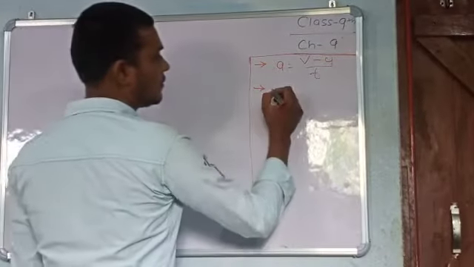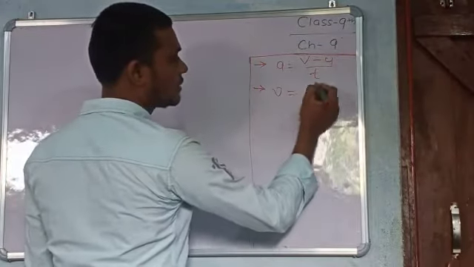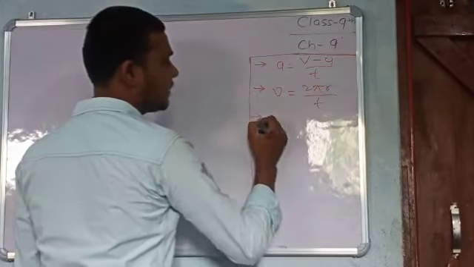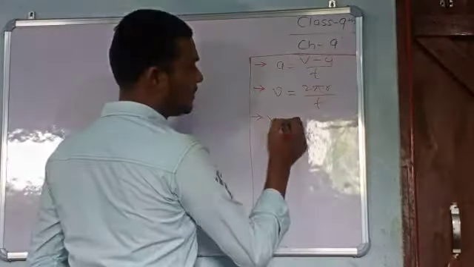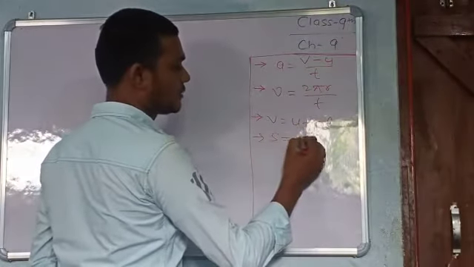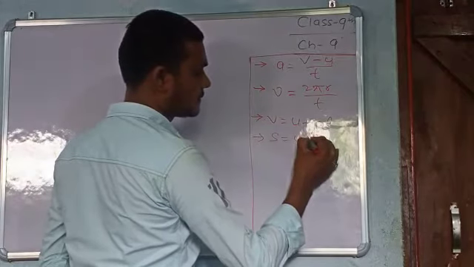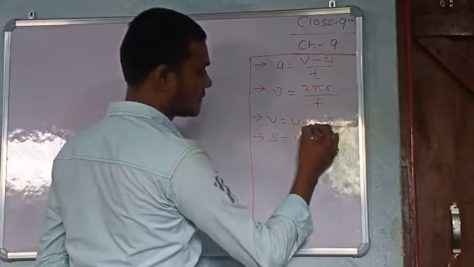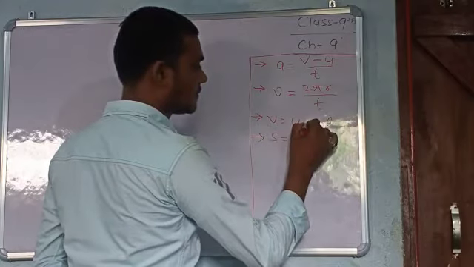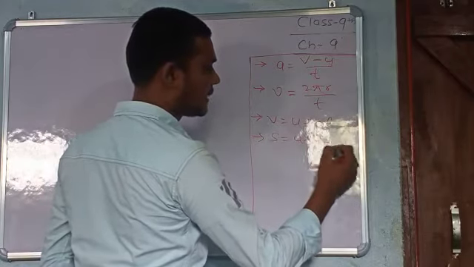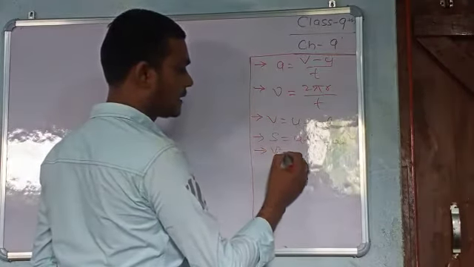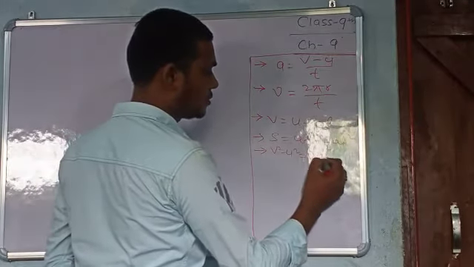Velocity of circular motion is equal to 2 pi r upon t. Then v equals u plus at, s equals ut plus half at square. Then we have v square minus u square equals 2as.